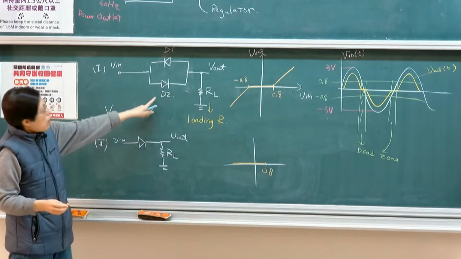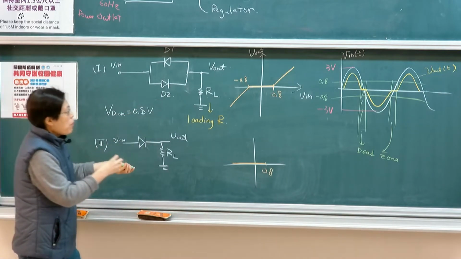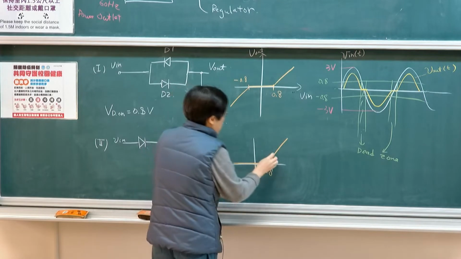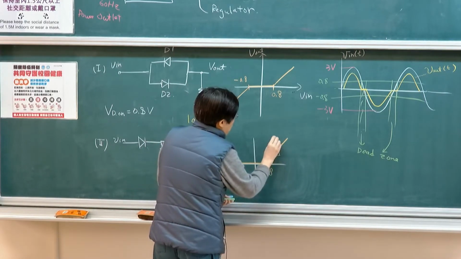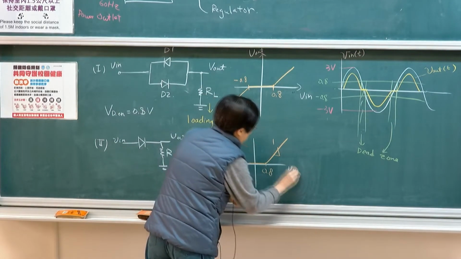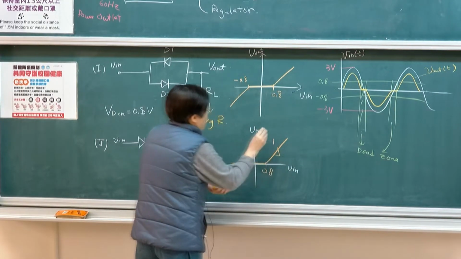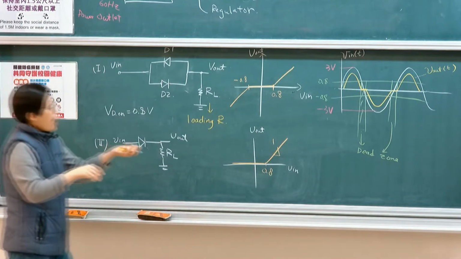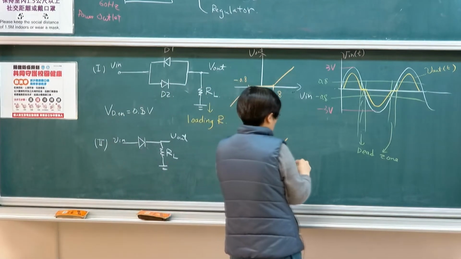The dead zone will be extended because it will not allow current to go in the reverse direction, only the forward direction. And the slope will be 1.